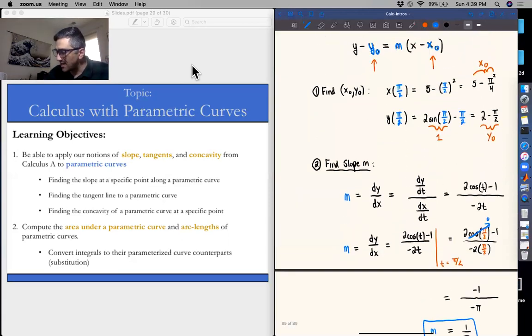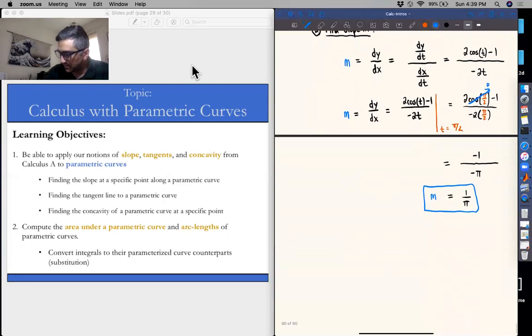So let's fill in all of these details we just found for the slope, for the values of y0 and x0, all into our point slope form of that line. Just so we're on the same page, let's make sure we know what we're substituting and why. We evaluated our parametric curves at the parameter t value associated with the particular point we're looking for.